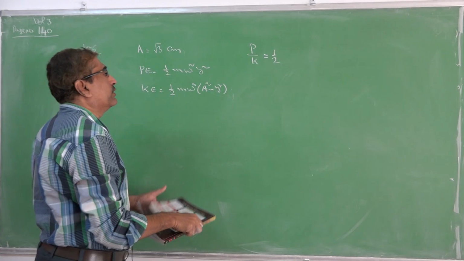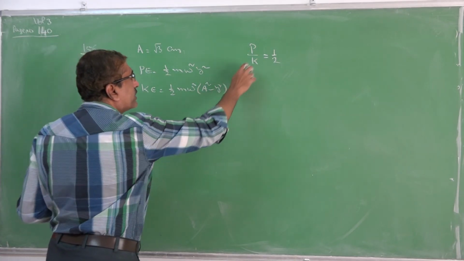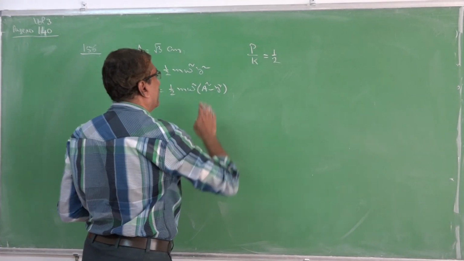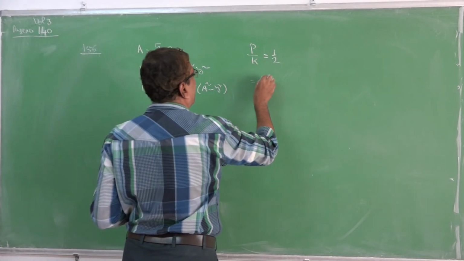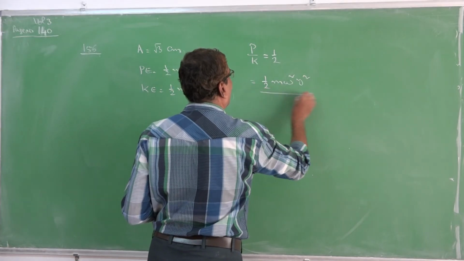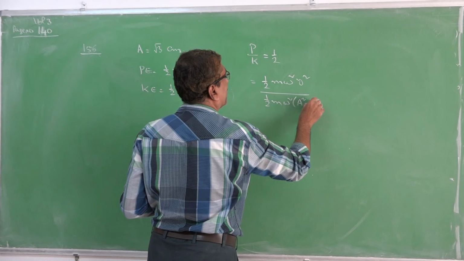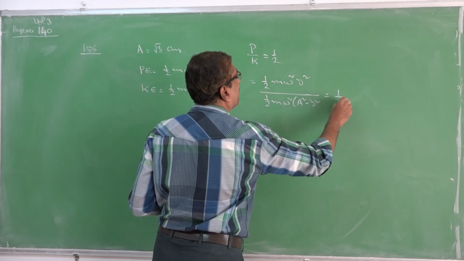Now substituting, half m omega square y square by half m omega square into a square minus y square is equal to 1 by 2.